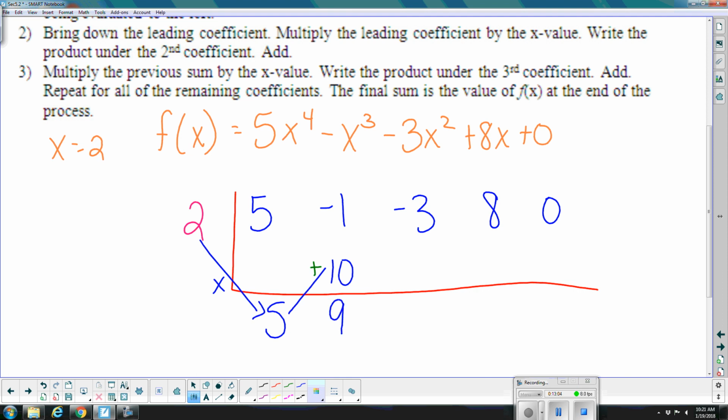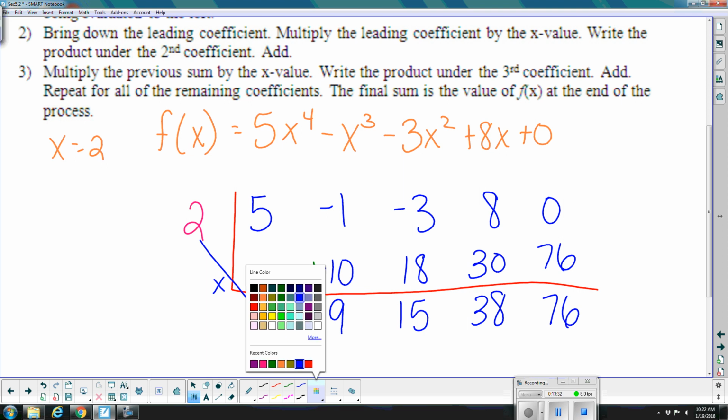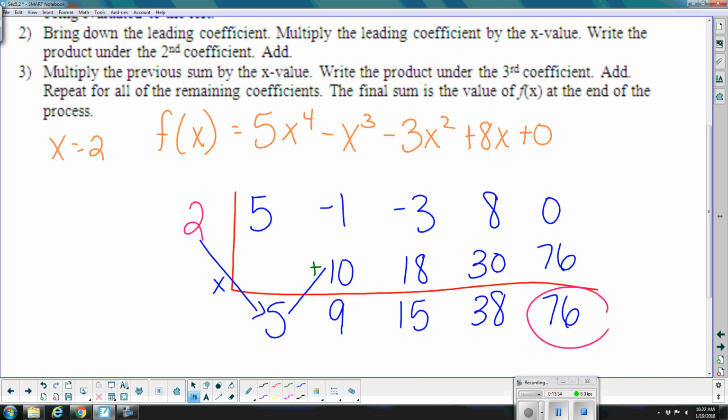Then I'm going to do the same thing again. 2 times 9 is 18. -3 plus 18 is 15. 2 times 15 is 30. 8 plus 30 is 38. And then lastly, 2 times 38 is 76. 0 plus 76 is 76. And this is my answer.